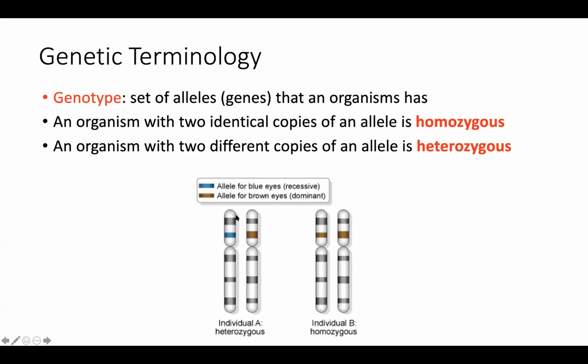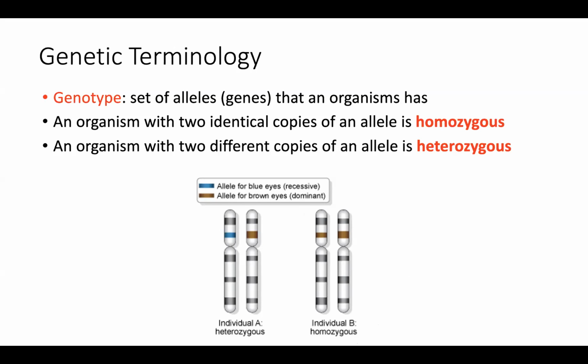So this scenario lets us know that this individual can either have blue eyes or brown eyes in the physical sense, and that's going to depend on which one of those alleles are dominant or recessive. However, if we look at individual B, this schematic shows us that individual B has a homozygous pair of brown alleles.